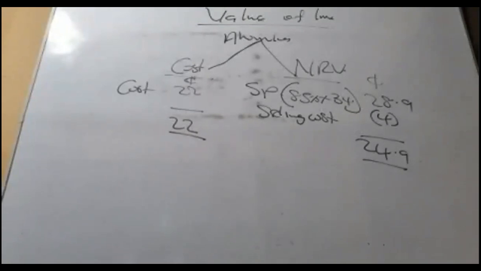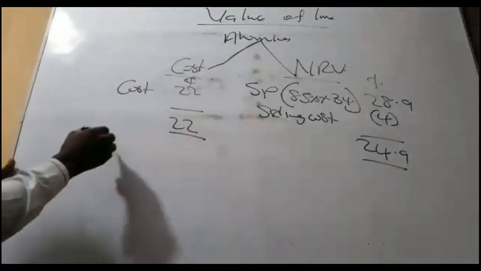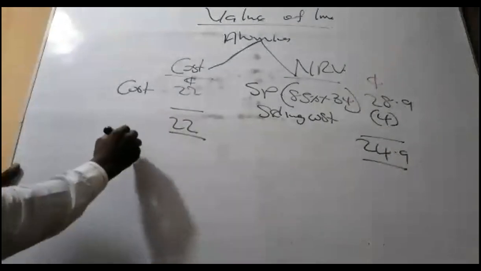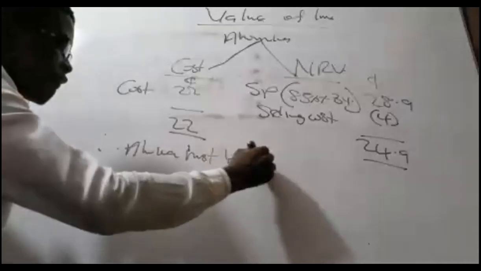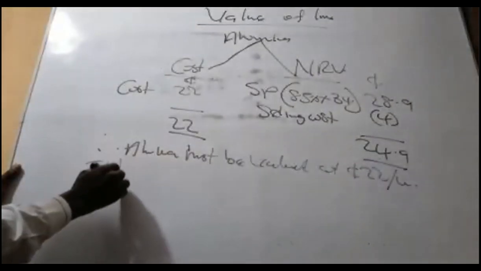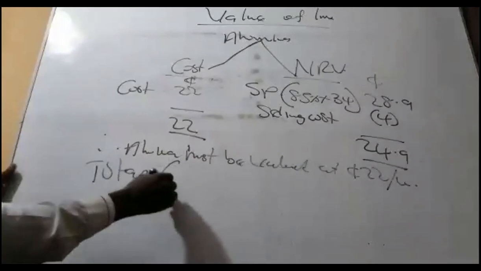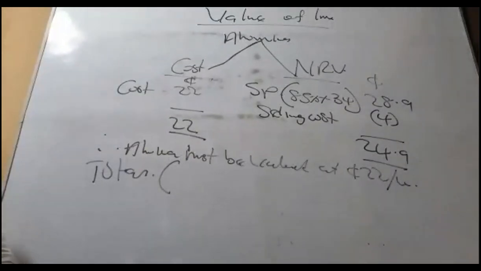Tell me the reason. So therefore, it must be valued at 22 cedis per unit, given a total of, in brackets, what's the units held? I like your answers.